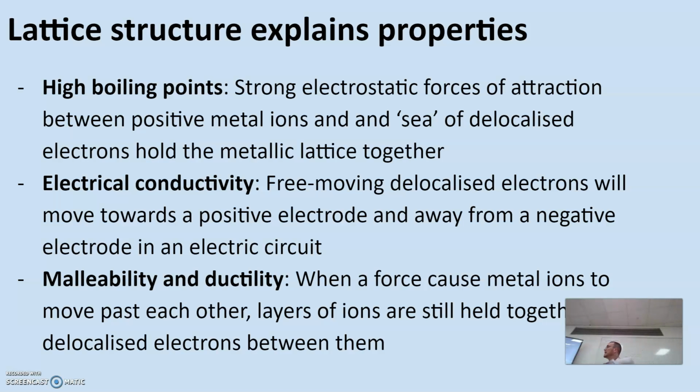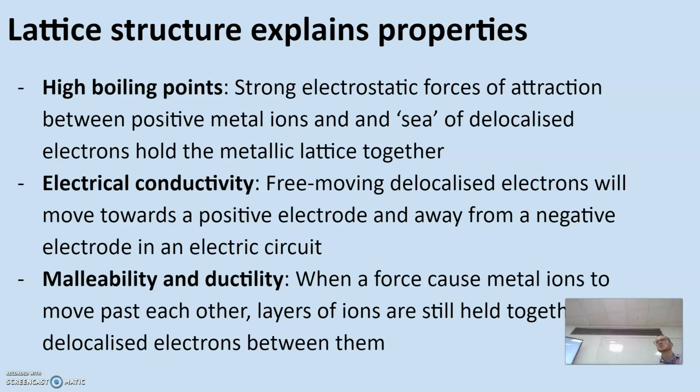So explaining their properties by using the model. High boiling point, a strong electrostatic force of attraction. Almost every type of bonding comes down to electrostatic. Electro means charge, static means still. So something about the force of opposite charges attracting towards one another.